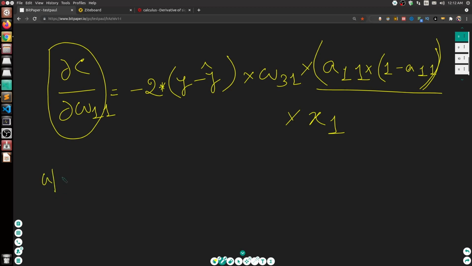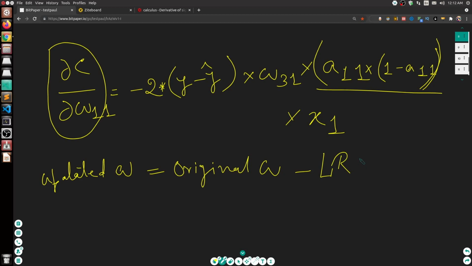So updated W is original W minus learning rate LR into this value, that is del C by del Wi. Okay, so this would be i because we are going through the weights. All right, that's how the chain rule is implemented.